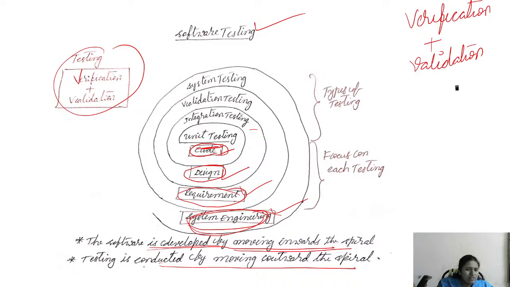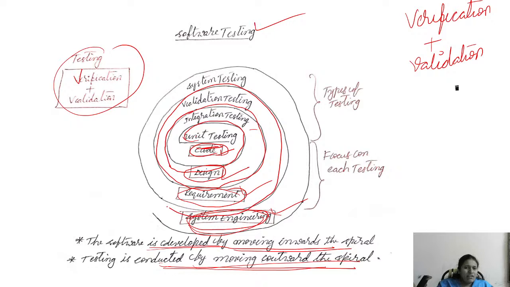Software testing is conducted by moving outward of the spiral. How? After coding, first we will do unit testing. After all the modules are joined, we will do integration testing. Then we will do validation testing.